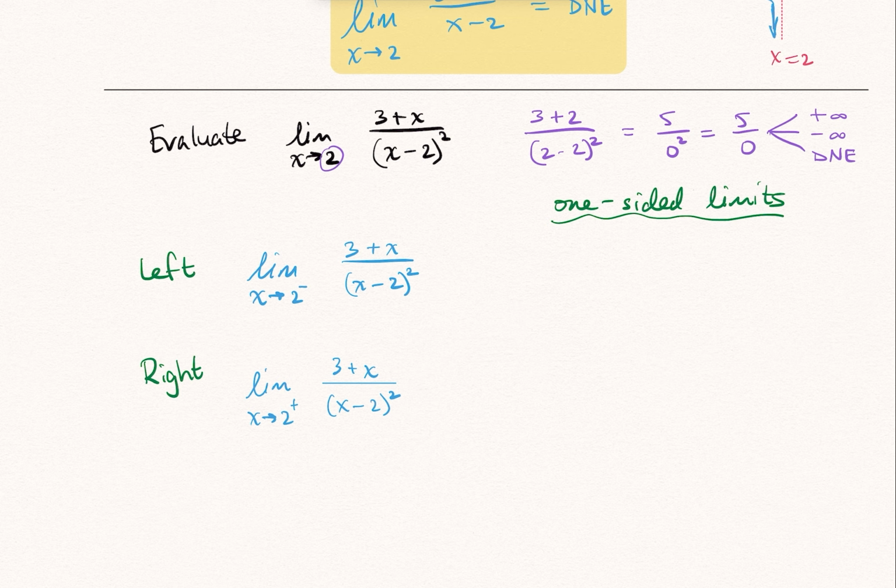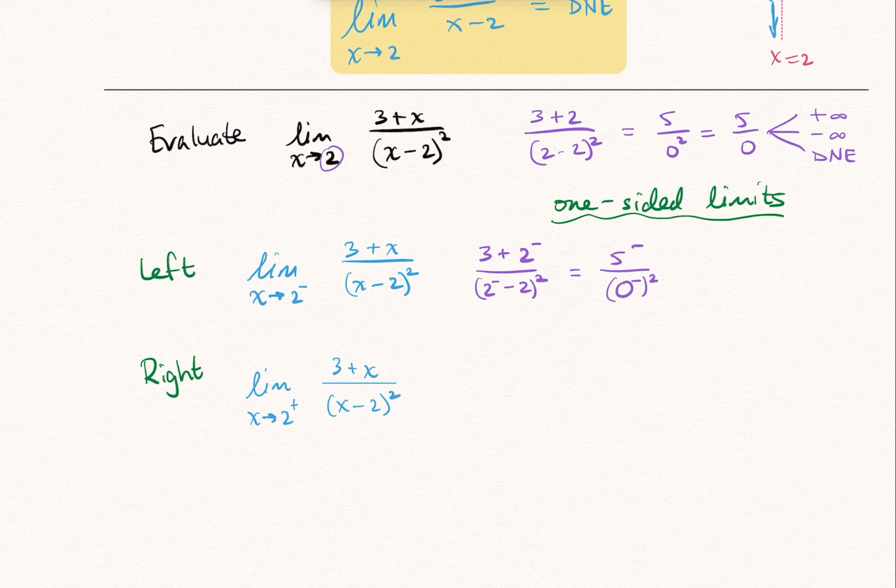Again, we just plug in the a with the minuses and the pluses, and we take care with the reasoning, work out the details carefully in our minds. So the 2 minus goes in. Now 3 plus 2 minus is 5 minus. And in the denominator, the 2 minus minus 2, so this is just left of 2, like 1.9, minus 2 puts us just left of 0, so we have negative 0.